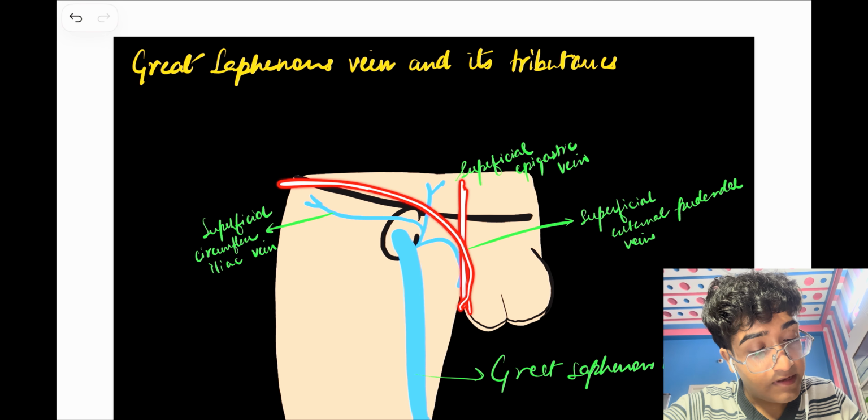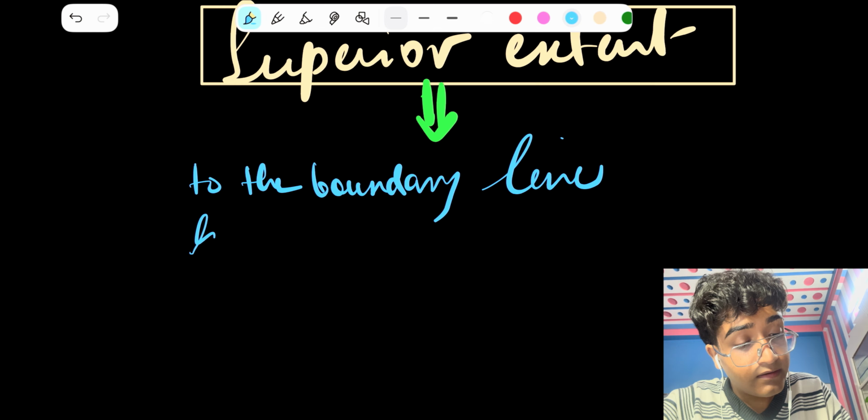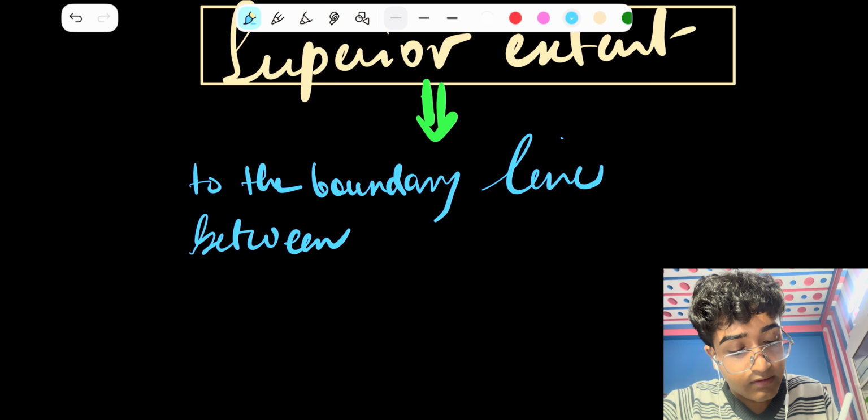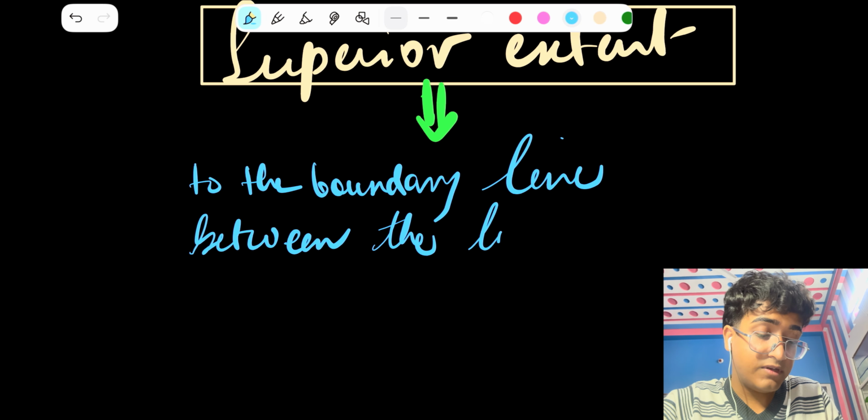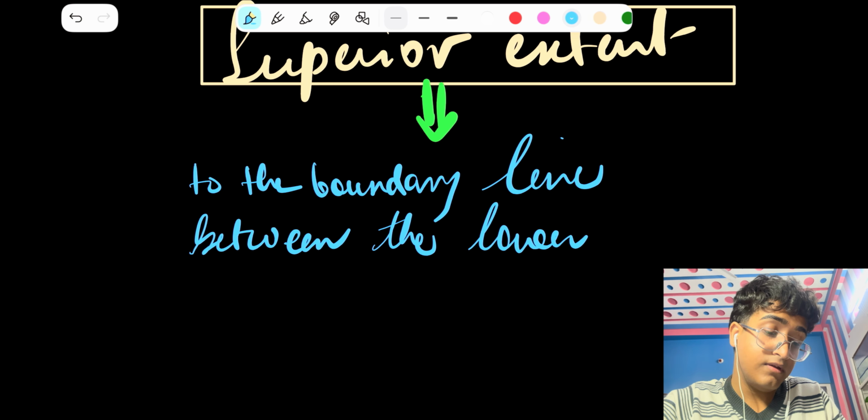It will be lining this way. So what is the superior extent? The superior extent lies along the boundary line between the lower limb and the pelvis.